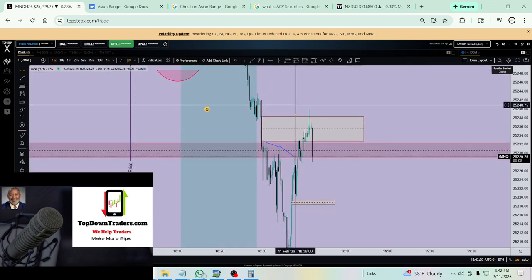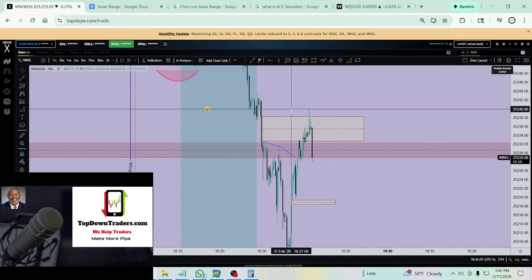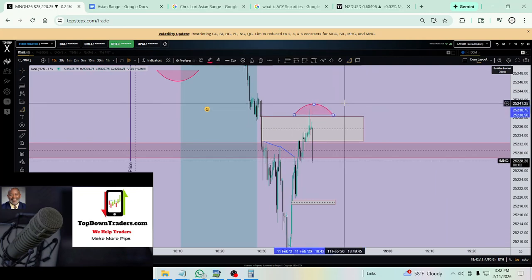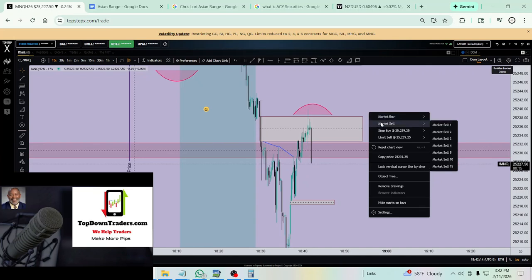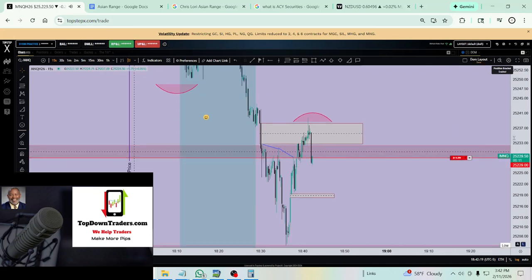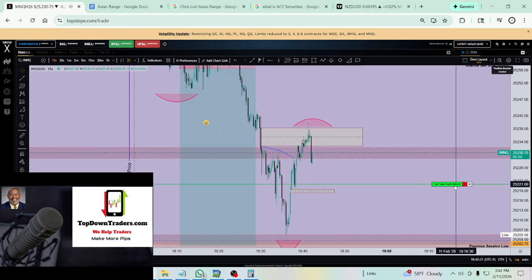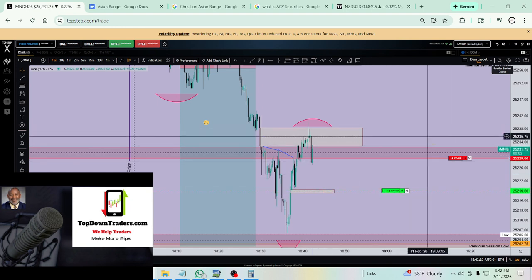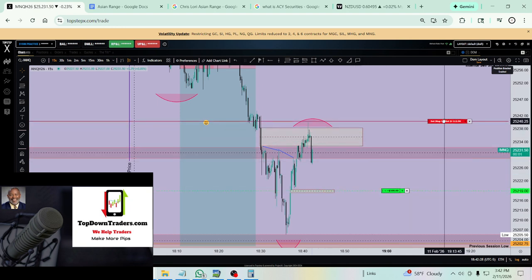So now we have another swing level here. Now I want to be greedy and sell in my direction and go back down and target this imbalance here. That's only $100. That's fine. And put a stop here.